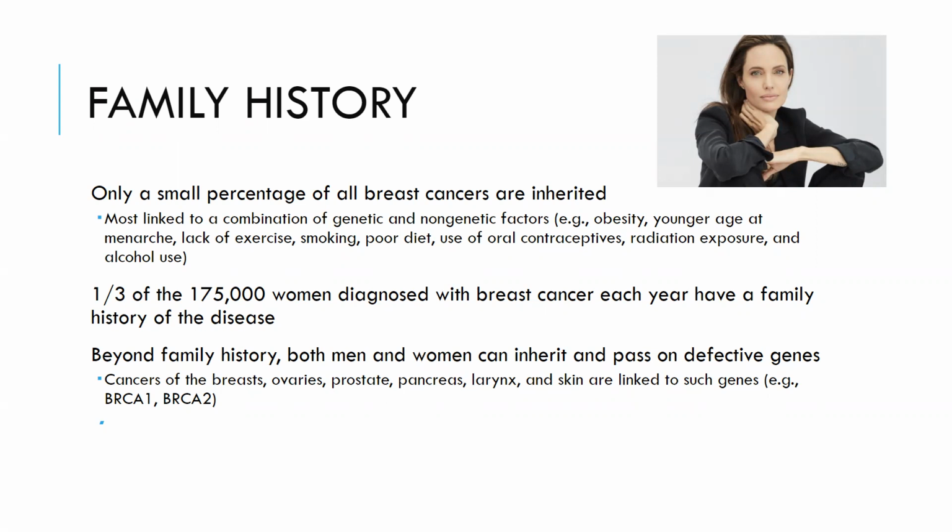People who go through menarche, or their first menstruation, at a younger age are more likely to be diagnosed with breast cancer. That can just be a non-genetic thing that runs in families as well. Lack of exercise can be non-genetic in nature, as can tendencies to smoke or follow a poor diet. Use of oral contraceptives can increase cancer risk as well.